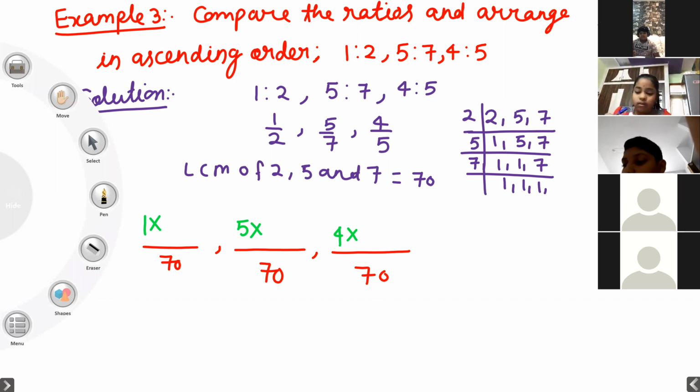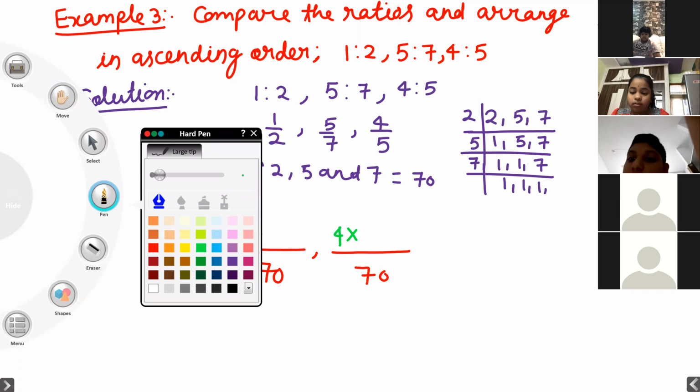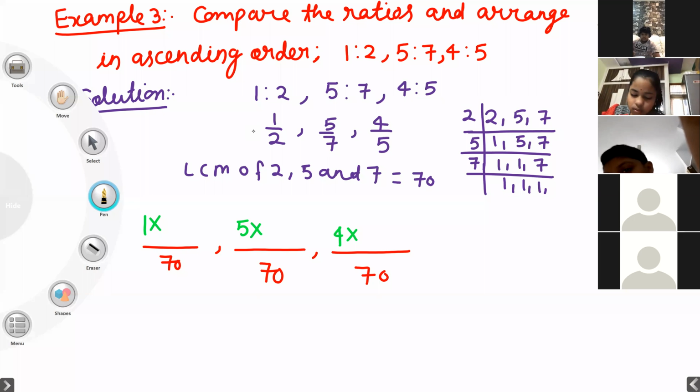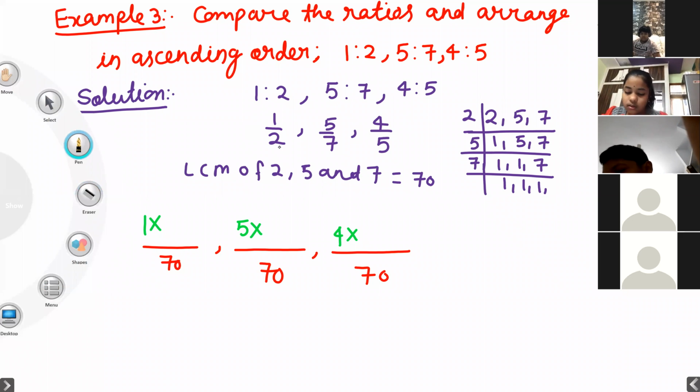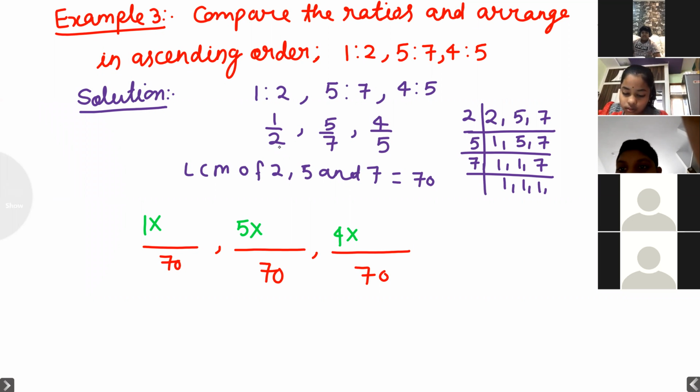Now, LCM divided by the first denominator. 70 divided by 2 is 35. 70 divided by 7 is 10. 70 divided by 5: 5 1s are 5, remaining 20, and 5 4s are 20.